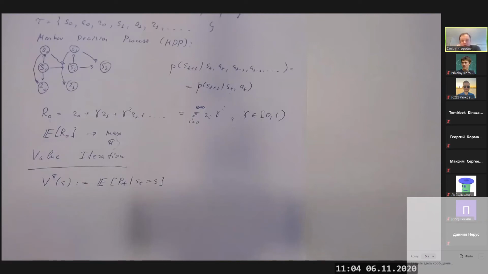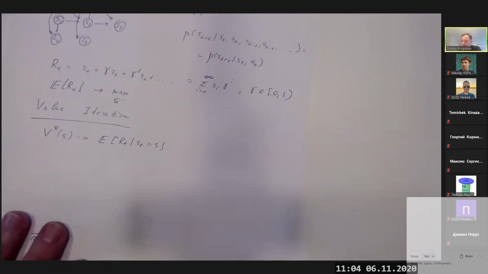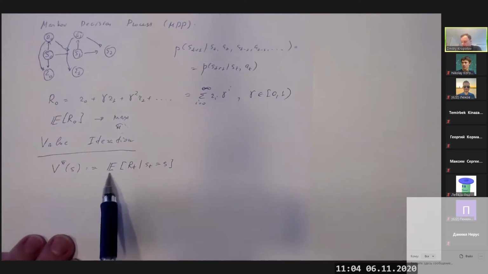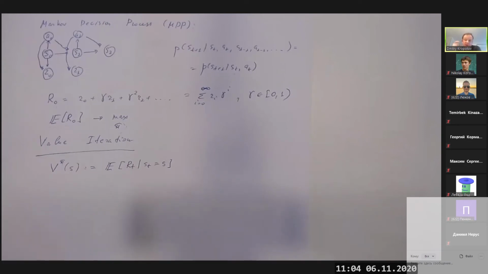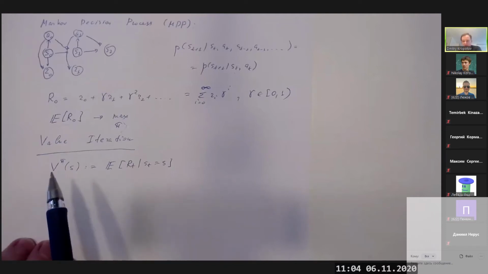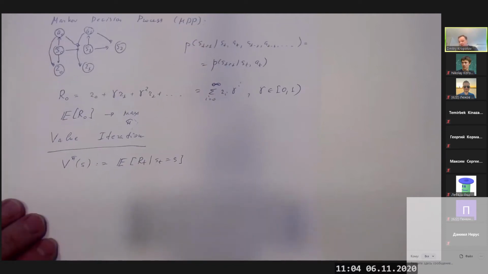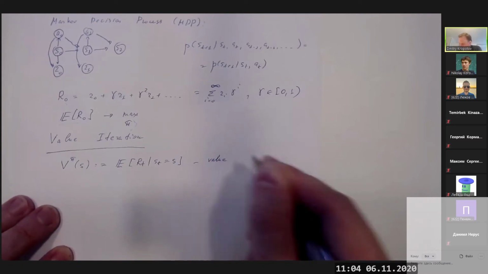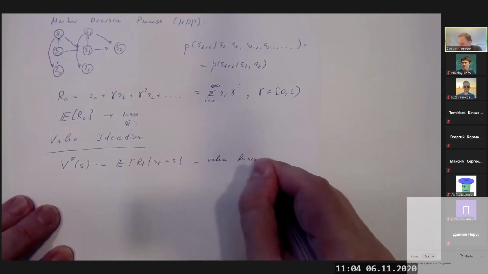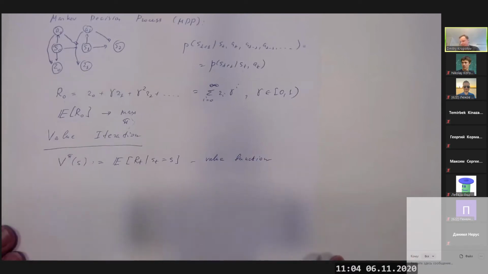So this expression actually does not depend on a particular t, on the particular time moment from which we start. That is why we do not have index t here. So this is what is called the value function, or Bellman function, if you like.